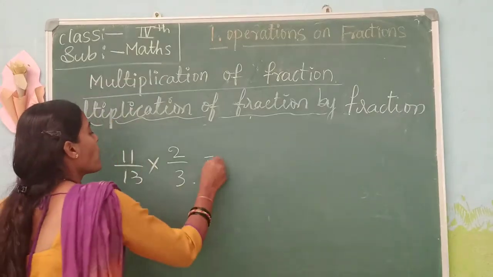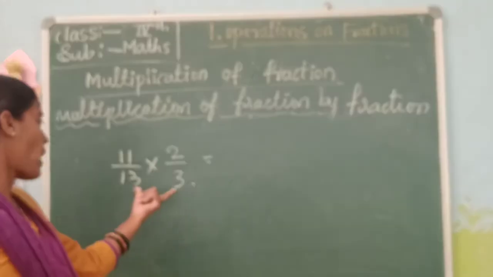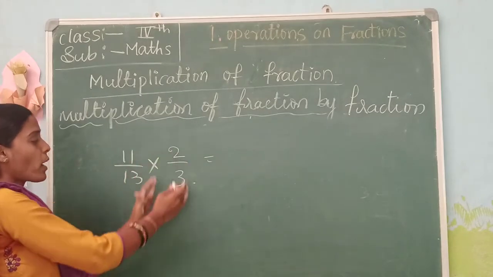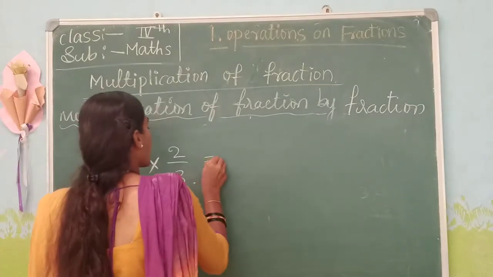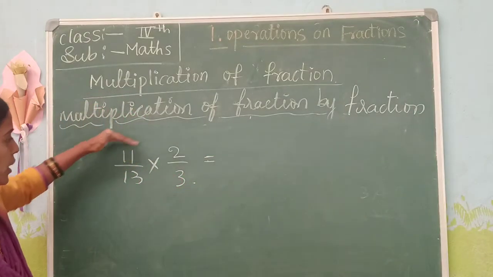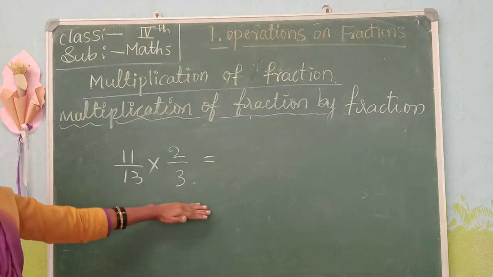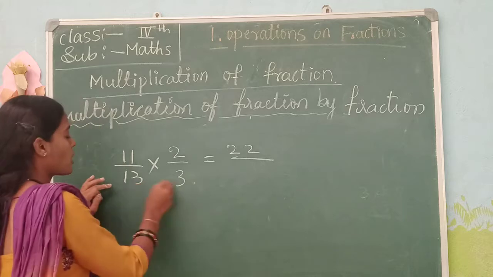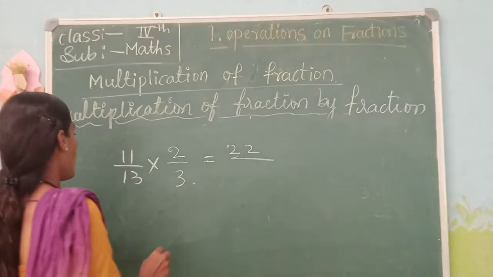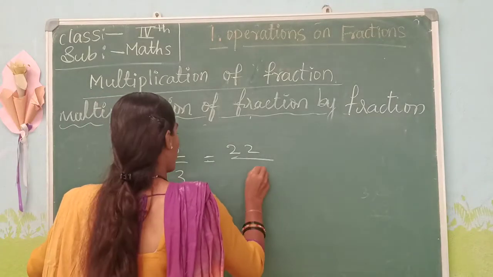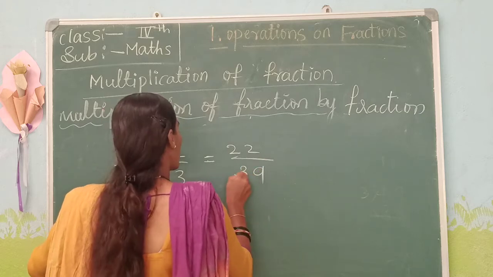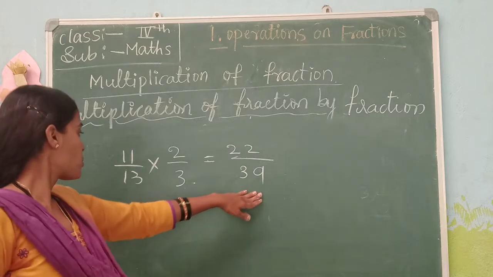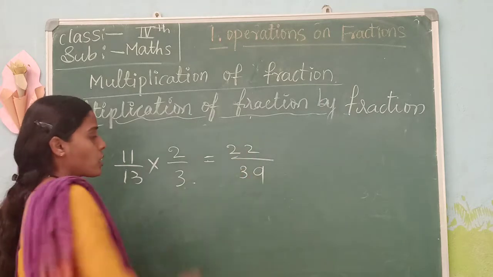So when we multiply two fractions, here 11 by 13, 2 by 3, we just multiply numerator with numerator and denominator with denominator. So 11 2s are 22, then 13 3s are 39. So the answer is 22 by 39.